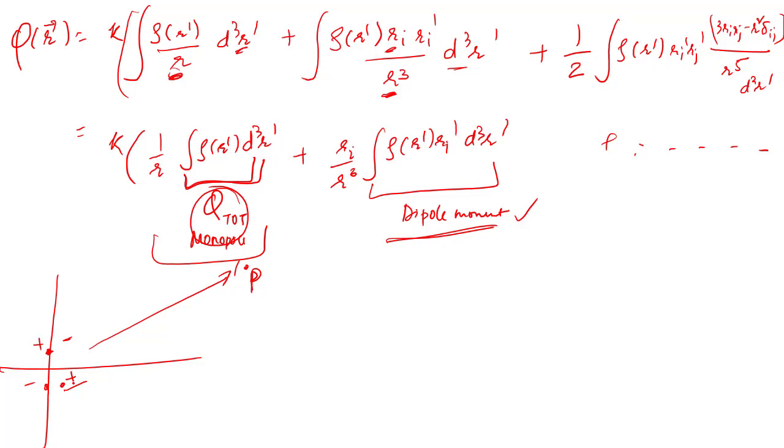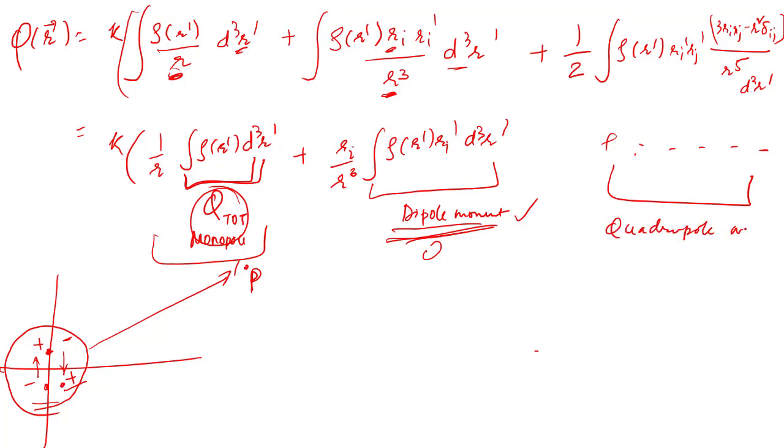Now, if I look from very far, there's one dipole like this and another dipole like this. So the overall dipole moment would also be zero. Yet the effect of this is not zero, although the total charge and the total dipole moment are zero. And so then you will basically get this third moment. That's why it's called the quadrupole moment, because here you have two dipoles, or four poles.